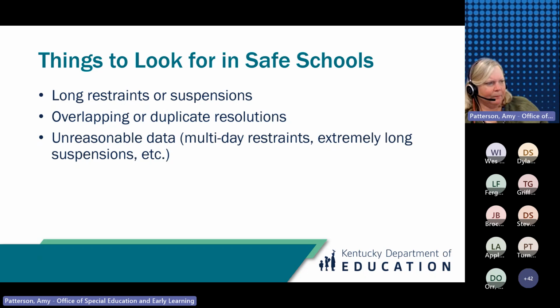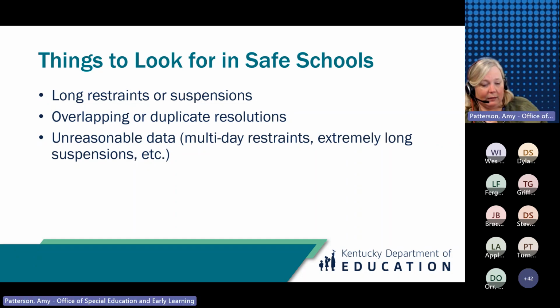It's red flags. Something that's a little harder to find is overlapping or duplicate resolutions. So what I see a lot is, I've given this student an in-school suspension for 10 days. Two days in, he got in trouble and got an out-of-school suspension for 3 days.